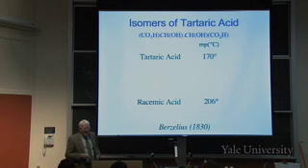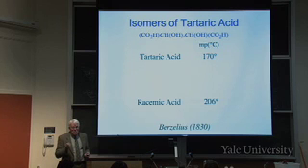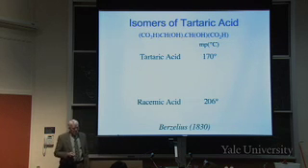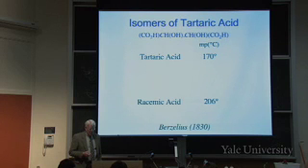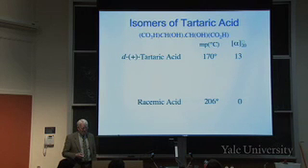Okay, so tartaric acid turns out to be the same thing. Remember, Berzelius coined the name isomer to talk about tartaric acid and racemic acid, which both came as byproducts of the wine industry and had very, very different melting points. So obviously they're quite different from one another. And one of them turns out to rotate light if you make an experiment like this.